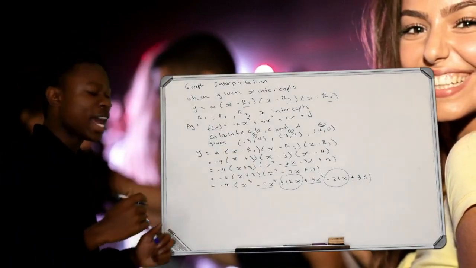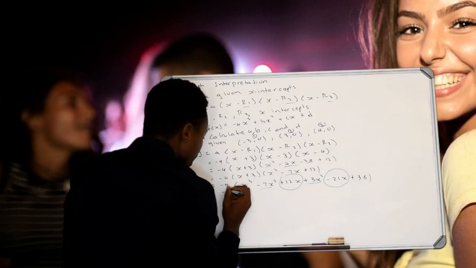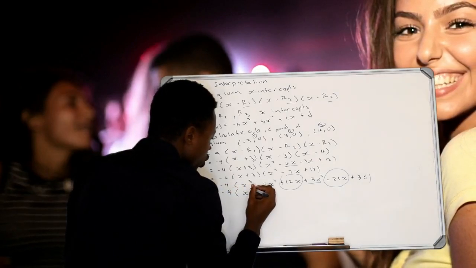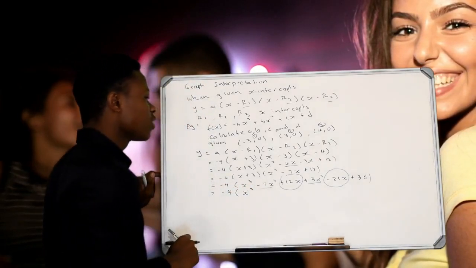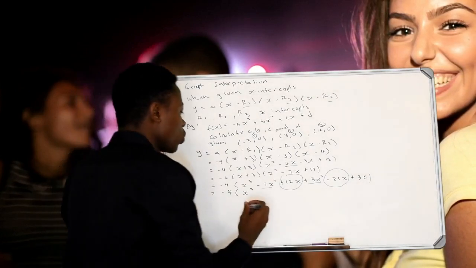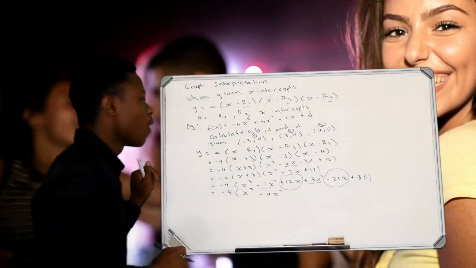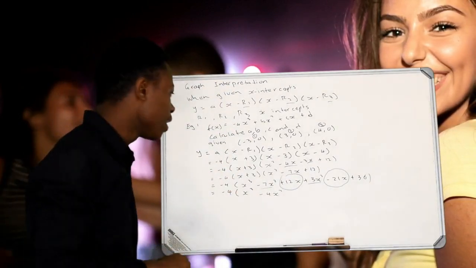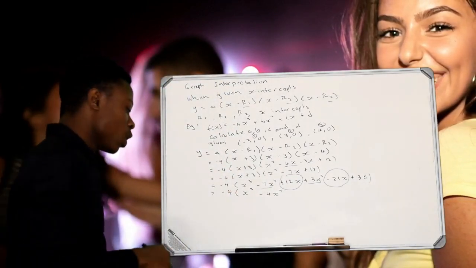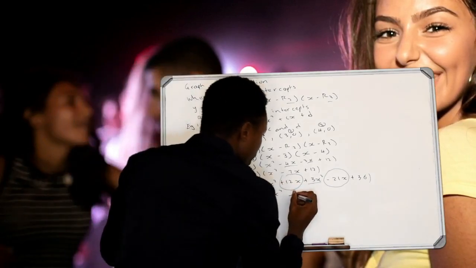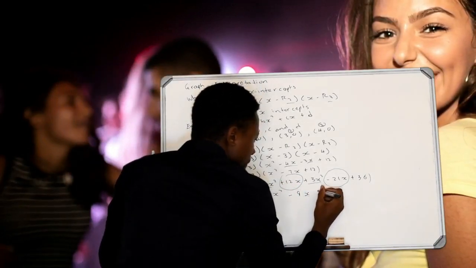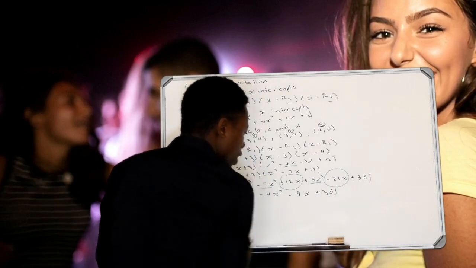So let's combine our like terms and see where we are. -4x cubed. And then we have -7x squared plus 3x squared, which gives me -4x squared. 12x minus 21x gives me -9x plus 36.